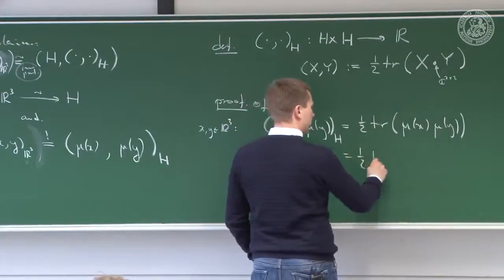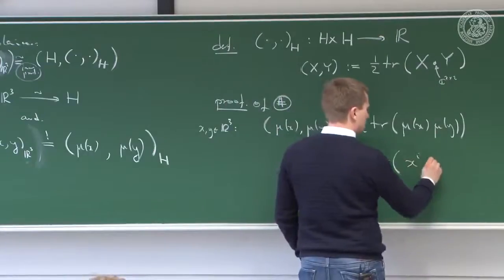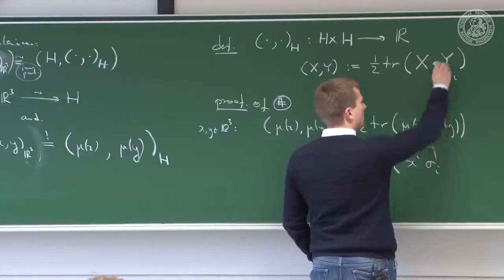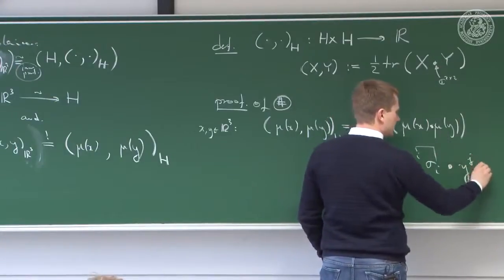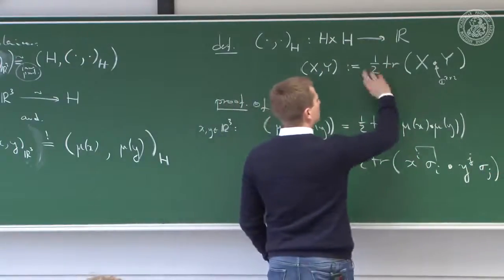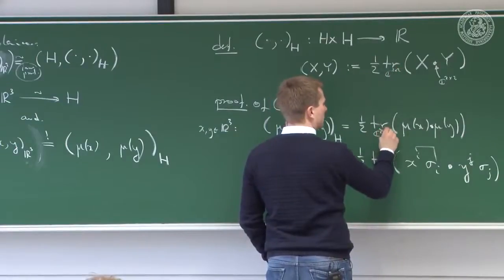This is 1/2 the trace of, what was mu? Mu was xi sigma I. Then this here was the blob here, the blob here. This is yj sigma j, of course. And the trace, also here the trace is of course the trace over complex 2x2 matrices.